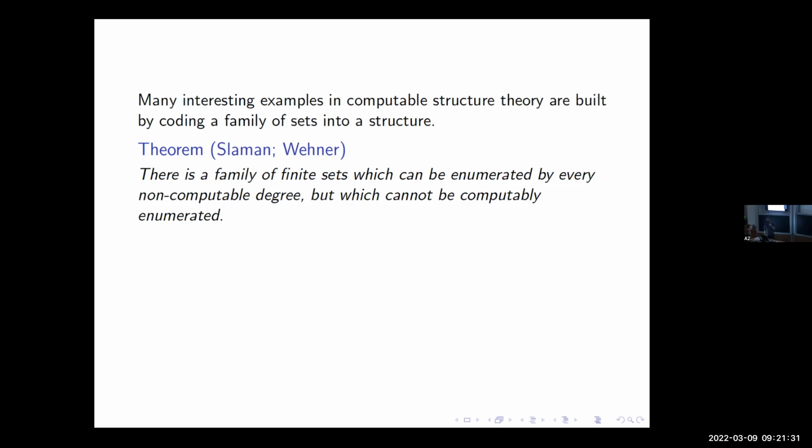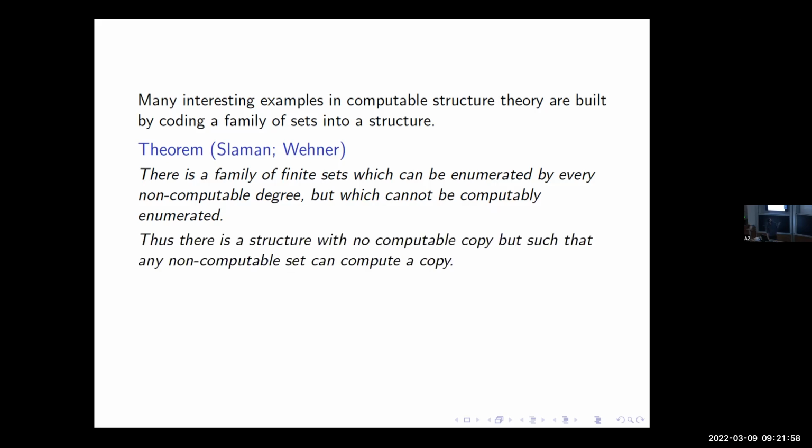The first thing they proved, I think Slaman did it the opposite direction, but I think Wehner did it this direction, is that there's a family of finite sets that can be enumerated by any non-computable degree, but doesn't have a computable enumeration. So this is like a problem: the problem of enumerating this can be solved using any kind of non-computable information at all, but can't be solved with just computable information.